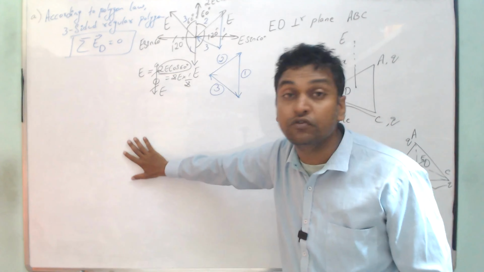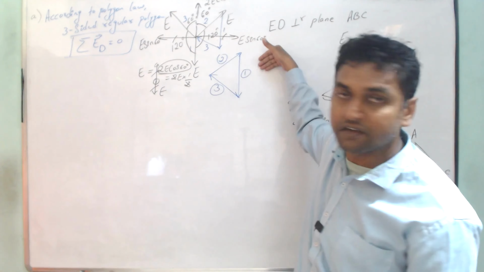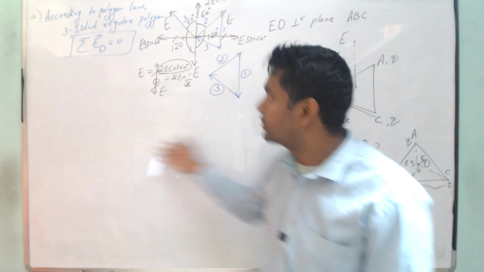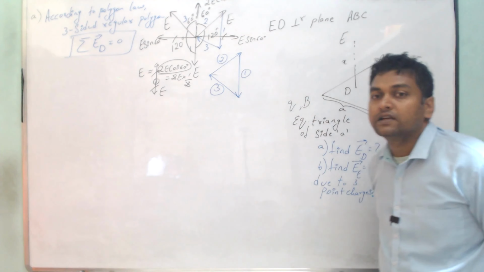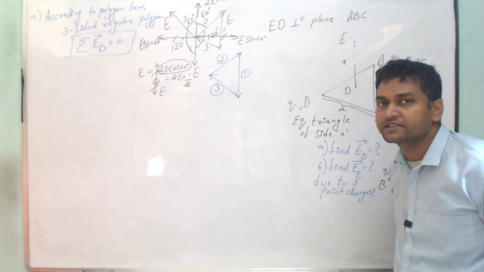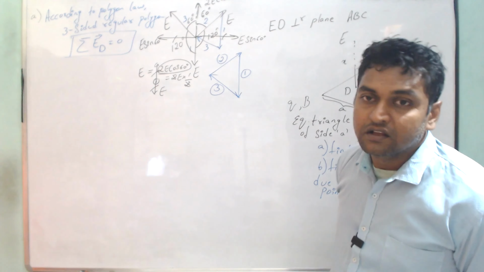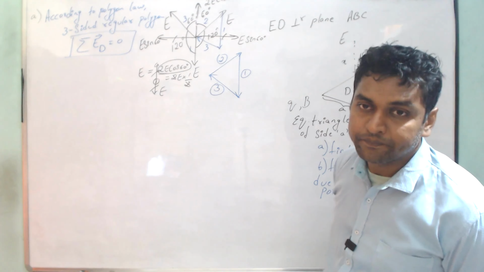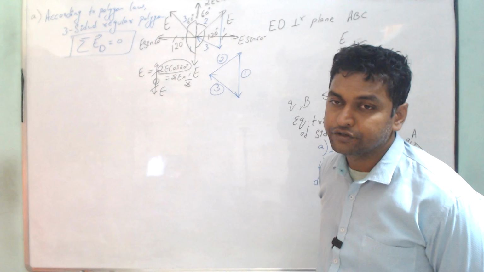If you want to prove it analytically, or geometrically, from here to here I have created a polygon, and according to the polygon law of vectors I know the net electric field is zero. Is this clear? So when I have an odd number of vectors, it is easy to use the polygon law of vectors. Understood?